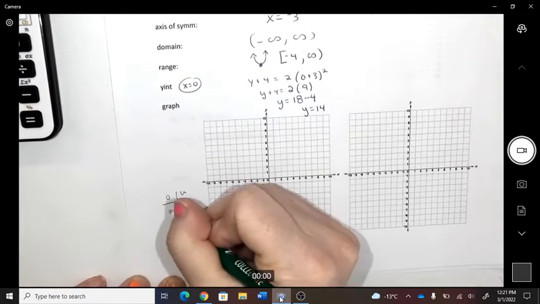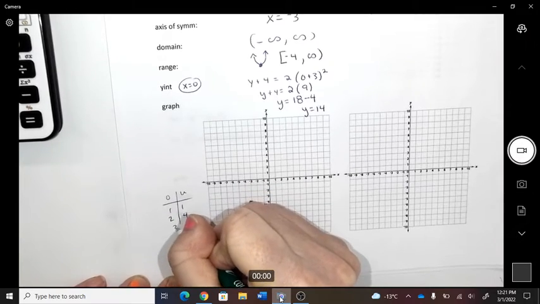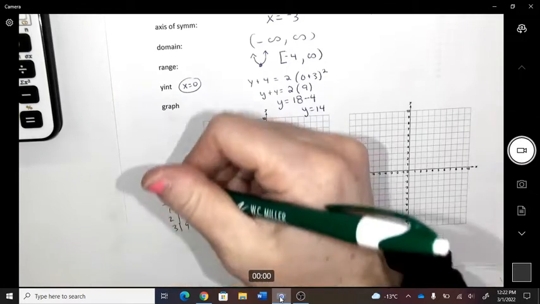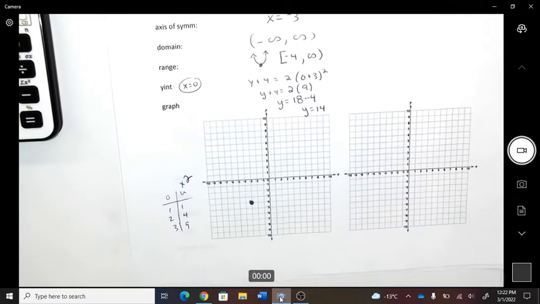So I'm going to go 1, 1, 2, 4, 3, 9. That's the pattern to start with. Is that our pattern, or does our pattern change? It'll change because the slope is 2.